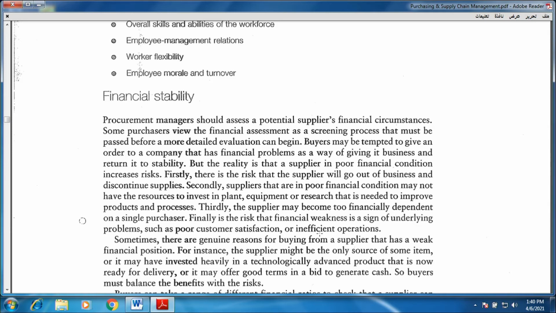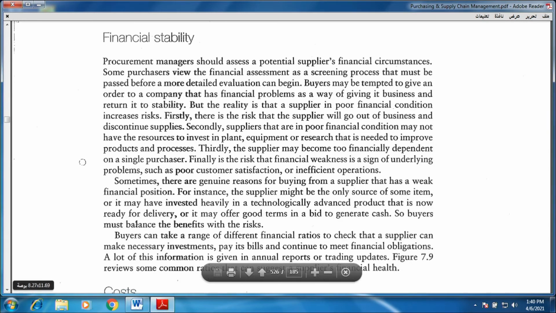We don't know what happens inside his home, but we can read the financial numbers, and they can tell us more about things that nobody else will tell us. So as a buyer, when you are assessing any supplier, take care about the financial statements, the financial position, and the financial analysis of the numbers given by the suppliers.